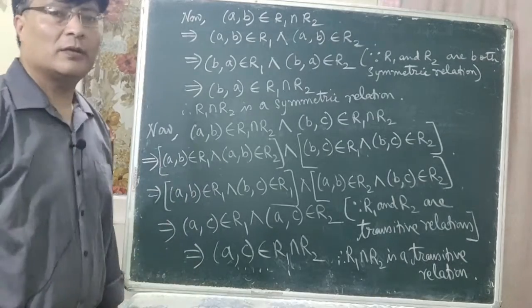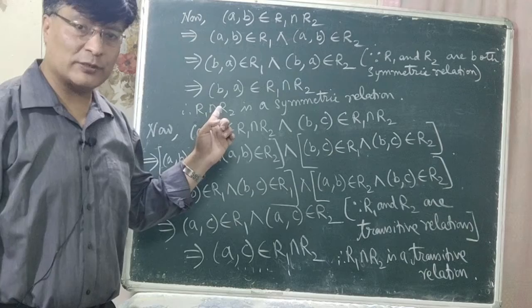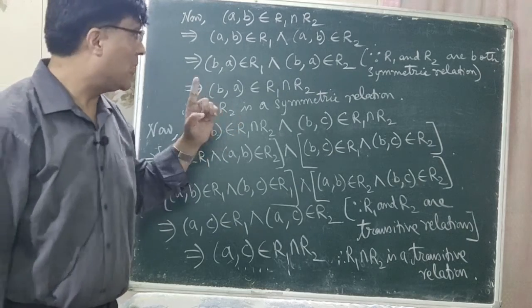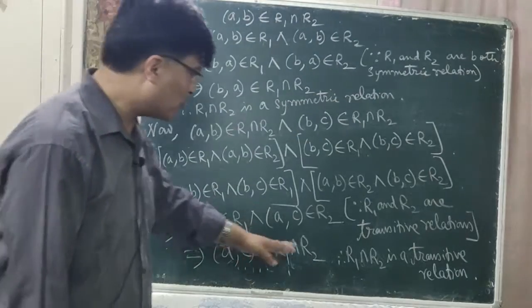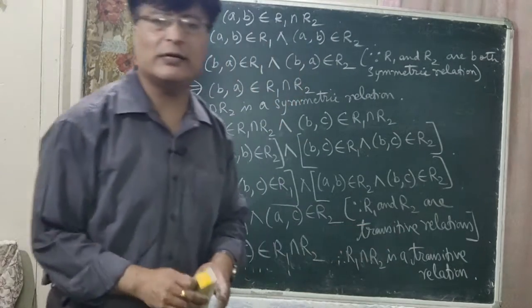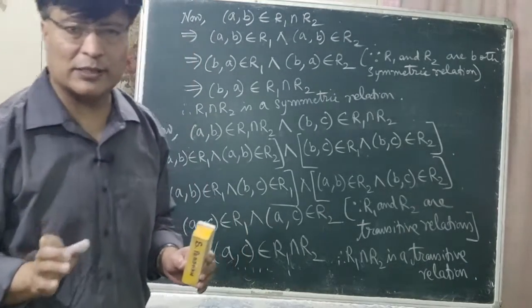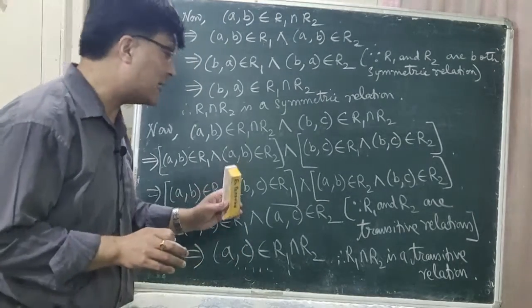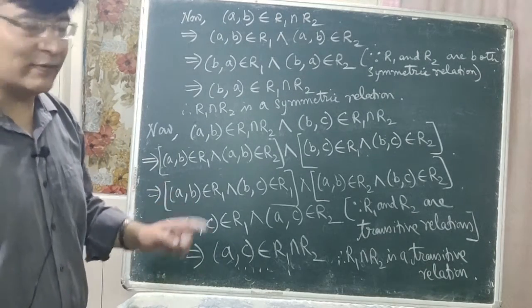So now since we have proved R1 intersection R2 is a reflexive relation, first case, and also we have proved that R1 intersection R2 is a symmetric relation. Also we have proved that R1 intersection R2 is a transitive relation. So we have proved all these three, reflexive, symmetric and transitive relations. So we can write down that R1 intersection R2 is an equivalence relation.